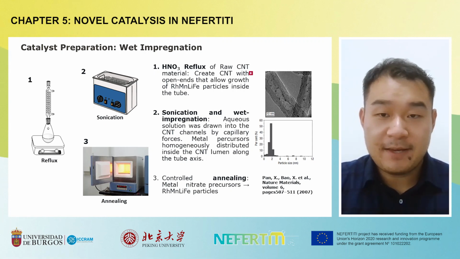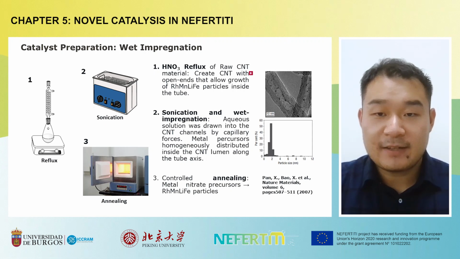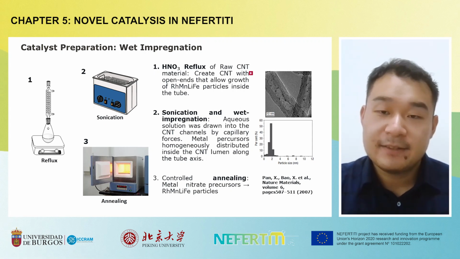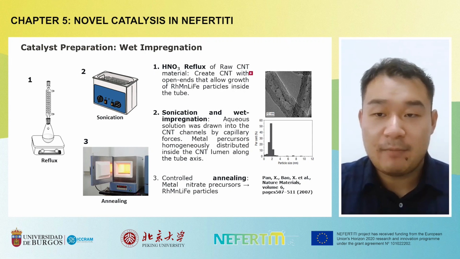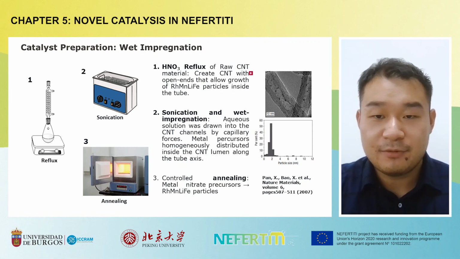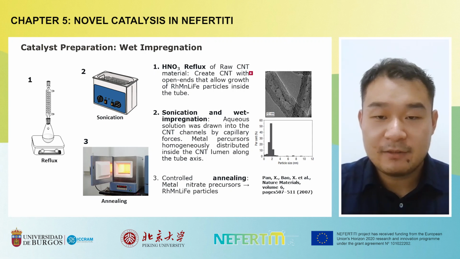The first step is the reflux of the raw carbon nanotube with nitric acid. And the goal of the step is to create carbon nanotubes with open ends that allow growth of promoted rhodium particles inside the tube. And second, we sonicate and use the wet impregnation method.